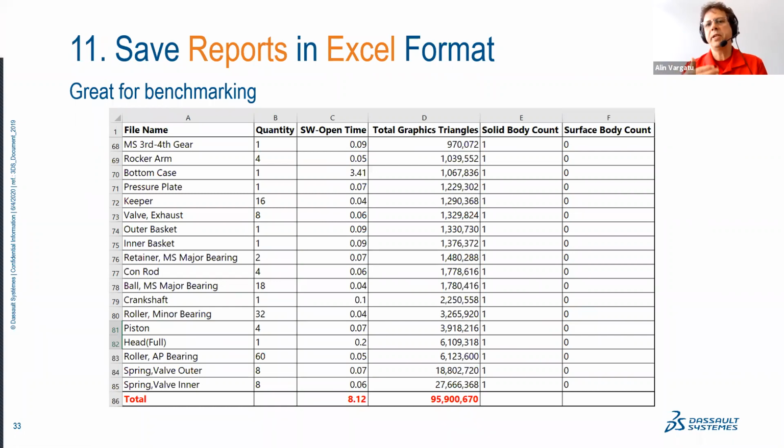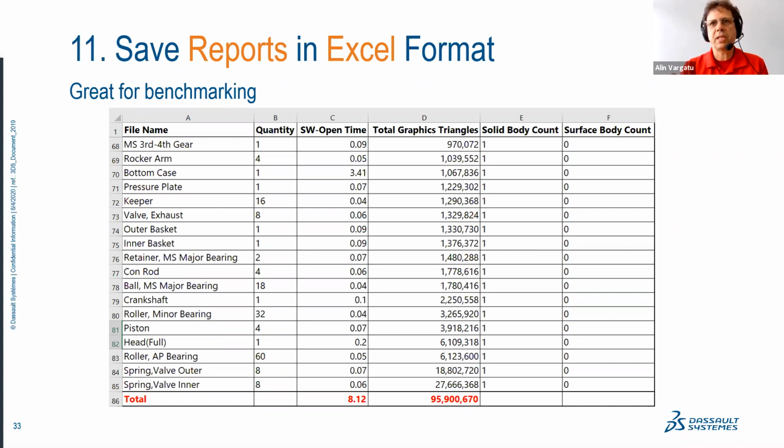And then as I optimize my assembly, I compare the results of what I'm getting with the original results. This way, I can go back to the customer and say, there is an opportunity to make this assembly open 50 times faster, or to reduce the total graphics triangles with no loss of detail by 5 times.